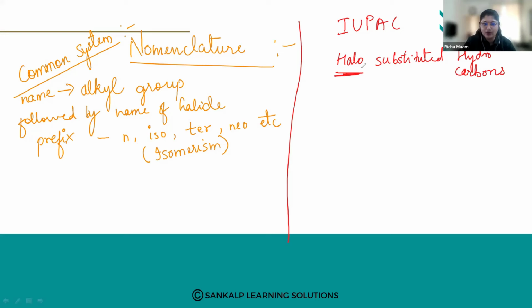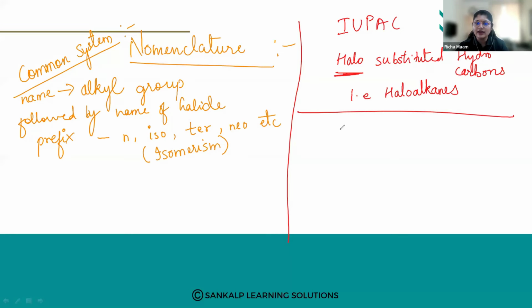So they are called haloalkanes. Now in the case of aryl halides, what are they called?